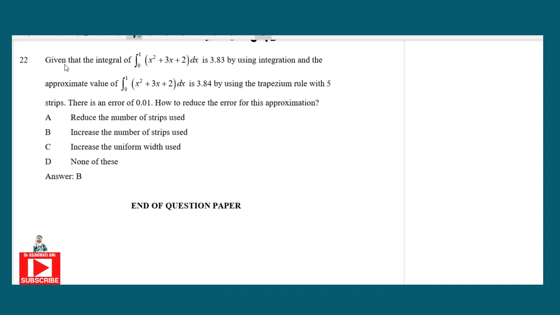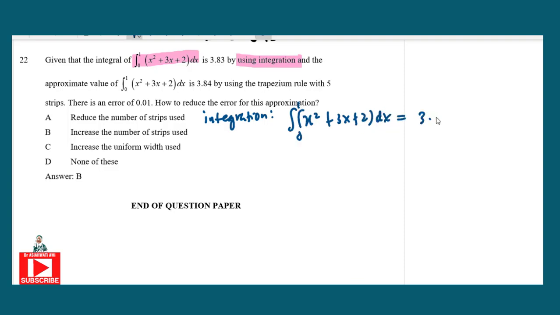Number 22. Given the integral, this integral is 3.83 using integration. Using a technique of integration or direct integration for x squared plus 3x plus 2 from 0 to 1 with respect to x, the answer is 3.83.